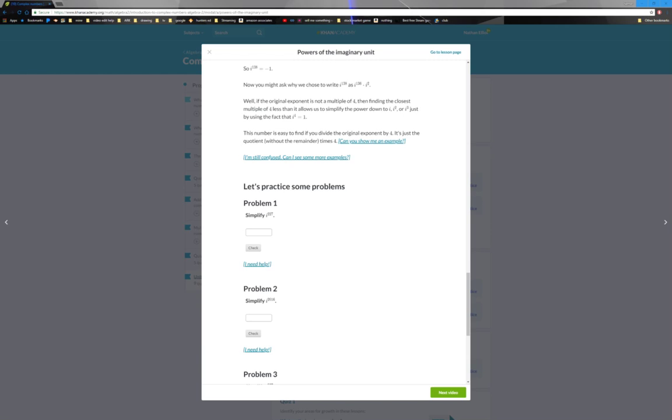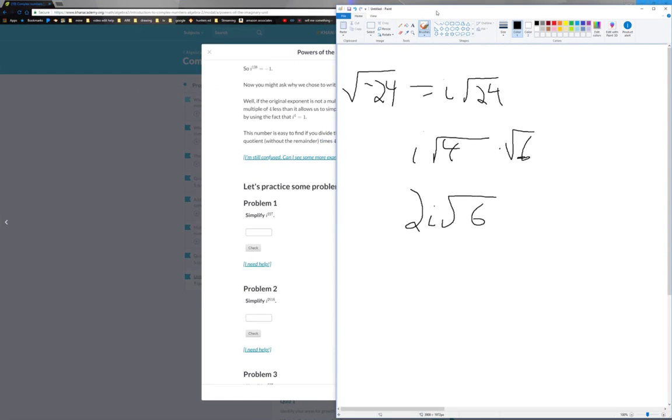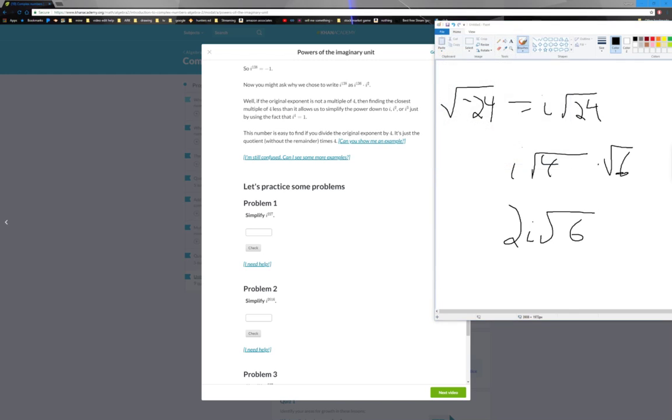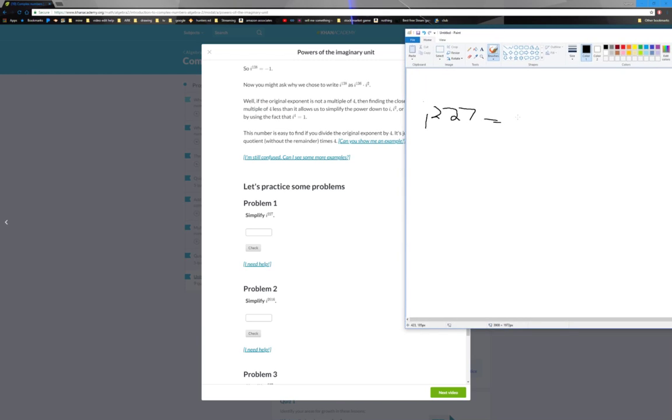So the way we would write this, if we clear this, we have i to the 227th equals, and we could simplify this down to i to the 224th times i to the, how much more is it to get to 227? It's 3. Sorry about my handwriting, it's not very good.